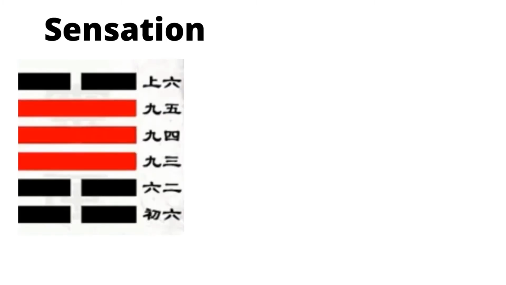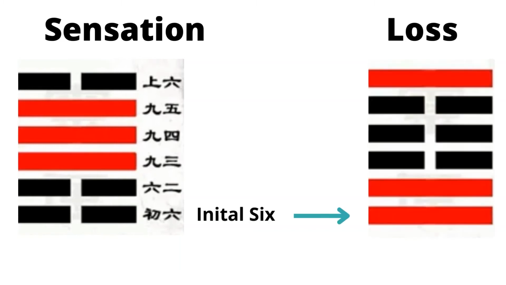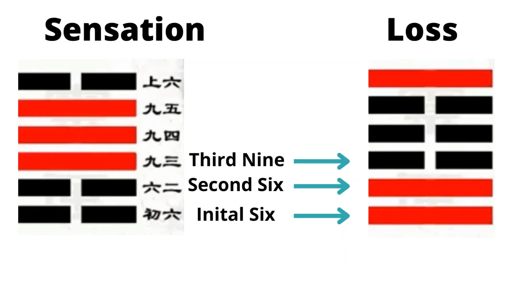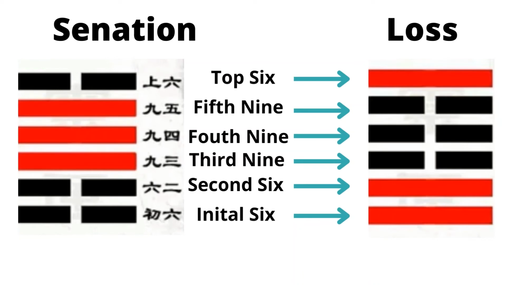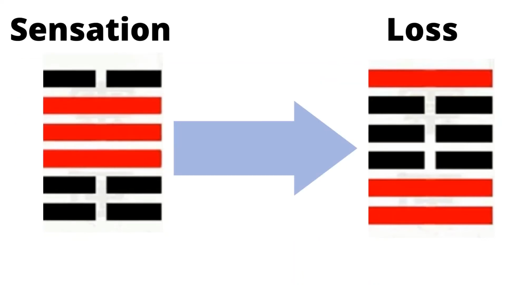Let's take sensation as an example. If all 6 yaos changed. For example, if the initial 6 changed to initial 9, second 6 changed to second 9, third 9 changed to third 6, fourth 9 changed to fourth 6, fifth 9 changed to fifth 6, top 6 changed to top 9.